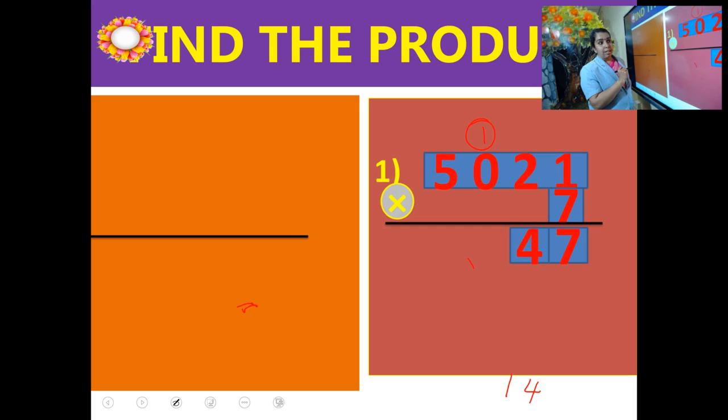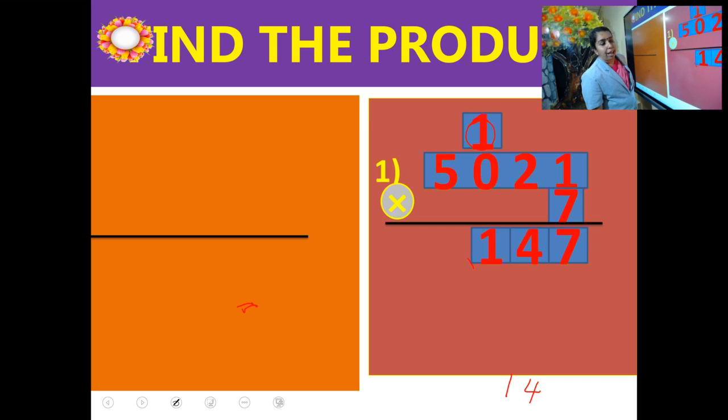Then what is the next step? Yes, you have to multiply 7 zeros. 7 into 0. 7 zeros are 0. Then add the carryover. 0 plus 1 is 1. So the hundreds place is over. Then one more place is there, the thousands place. 7 fives.